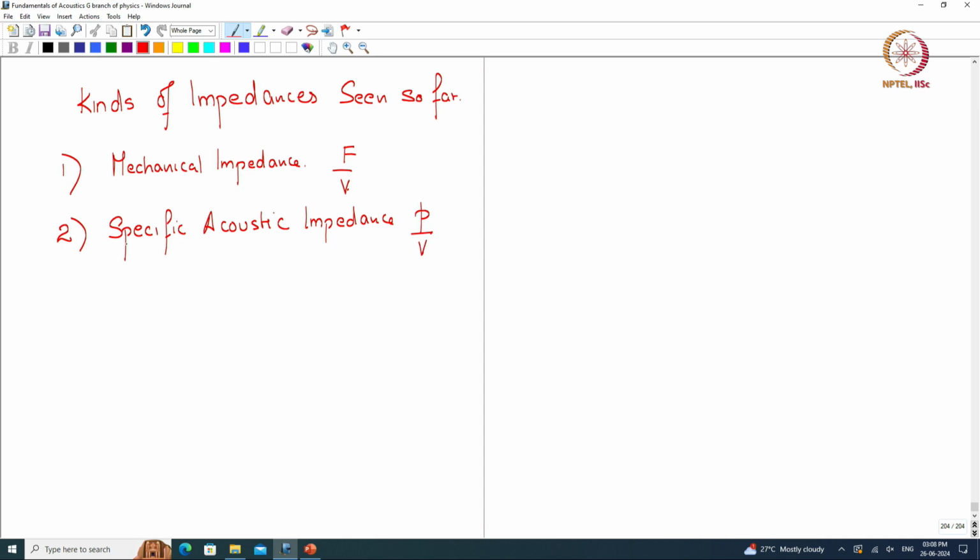In many lectures I have referred to it as acoustic impedance, but I have mentioned that it is actually specific acoustic impedance. Now the third is the actual acoustic impedance, which is pressure over volume velocity, which we used in branched systems.